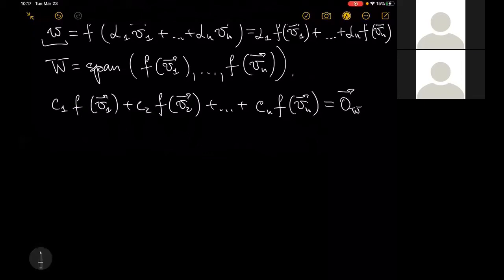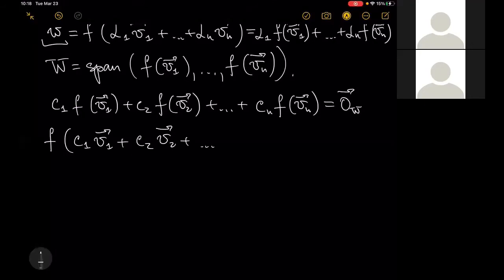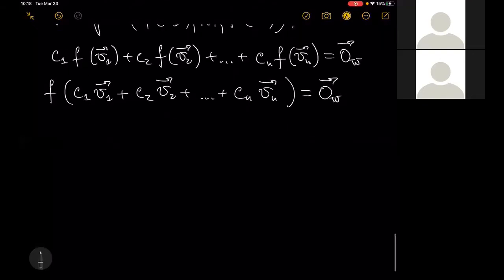Okay, so again, using preservation of structure, I'm getting that this is equal to 0. But I know that isomorphism always maps 0 vector into 0 vector, and this is one-to-one correspondence. So then I'm getting the following.